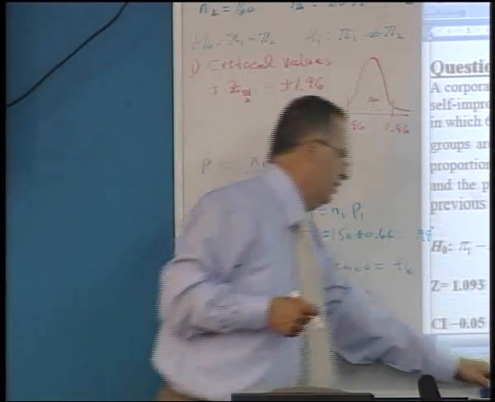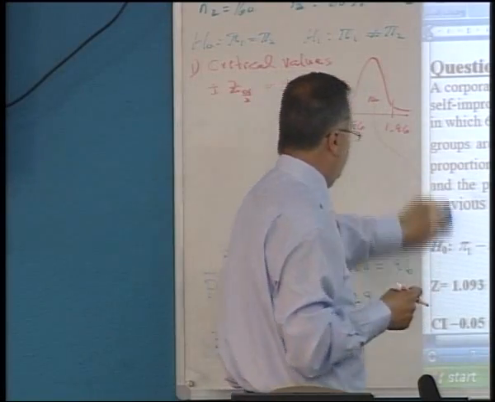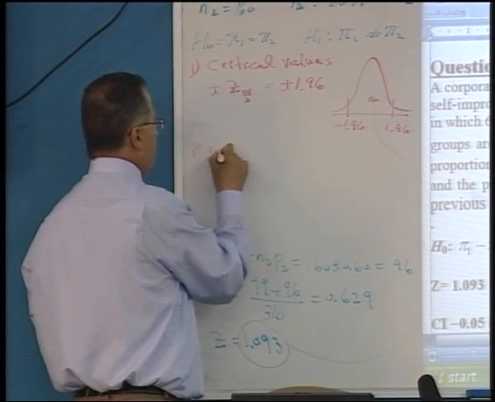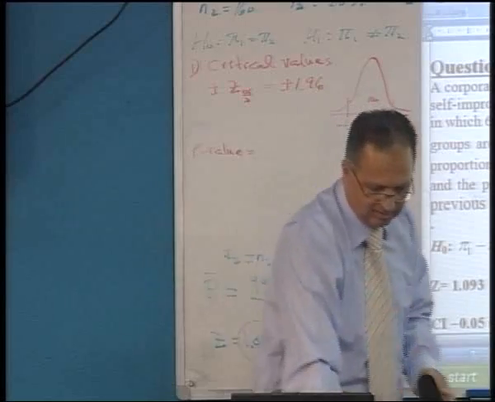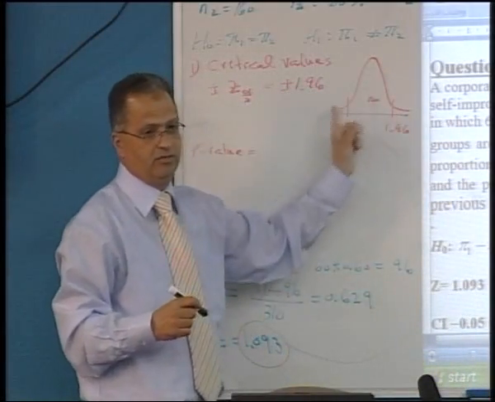Now what about the p-value? In order to determine the p-value, we have to find the probability that the Z statistic falls in the rejection regions.